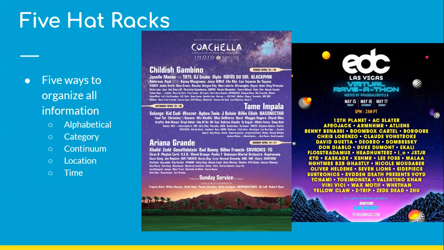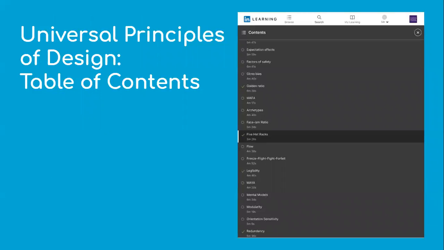In that regard, here is the table of contents for the Universal Principles of Design. As you can see, there's nothing that really pops out here at the beginning. However, as I was looking through all the design principles and trying to figure out which ones I wanted to do my projects on, I found that the design principles are not really in a specific order.